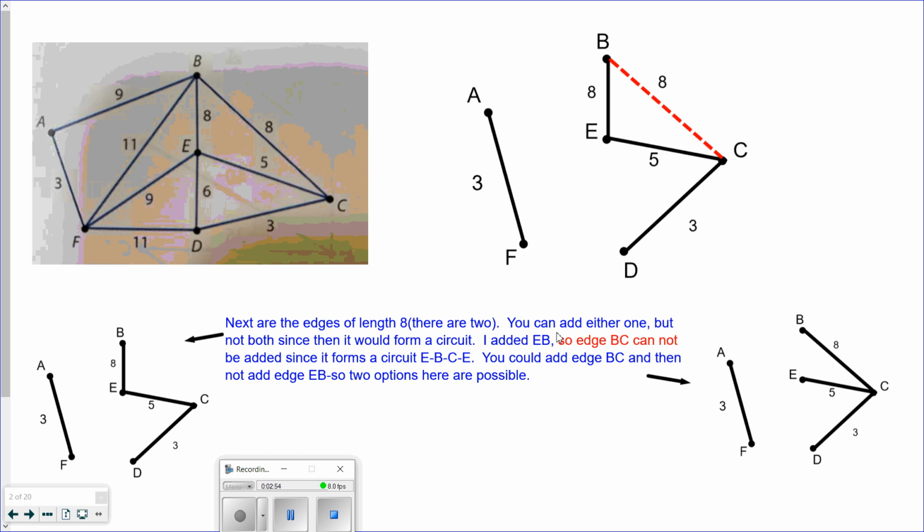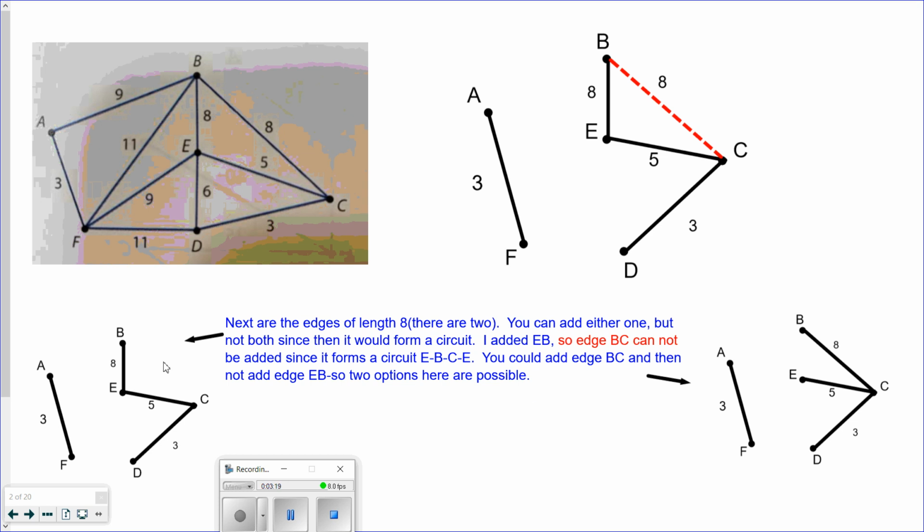So down here I just wrote you can add either one, but not both, since then it would form a circuit. So up here on the EB one, I ended up putting that over here on the left, what that would look like. And if I decided to add the BC 8 instead, then I couldn't add in the EB because that would make a circuit.